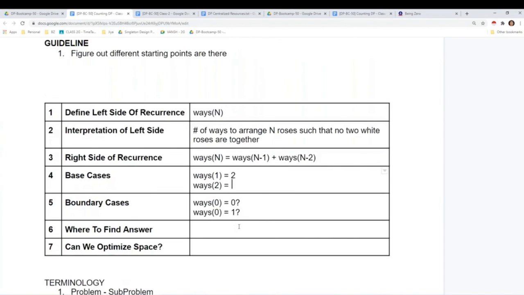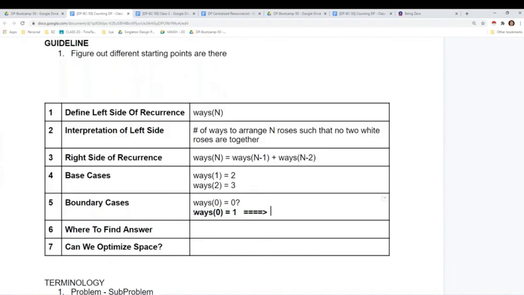Ways of 2 is 3. Is that right? Now hear me out. If we want ways of 2 to be calculated by this recurrence formula only, here you put 2, here will be 1, ways of 1 is 2, then what should be ways of 0, so that this formula works for 2 also? It should be 1. Everyone agrees?